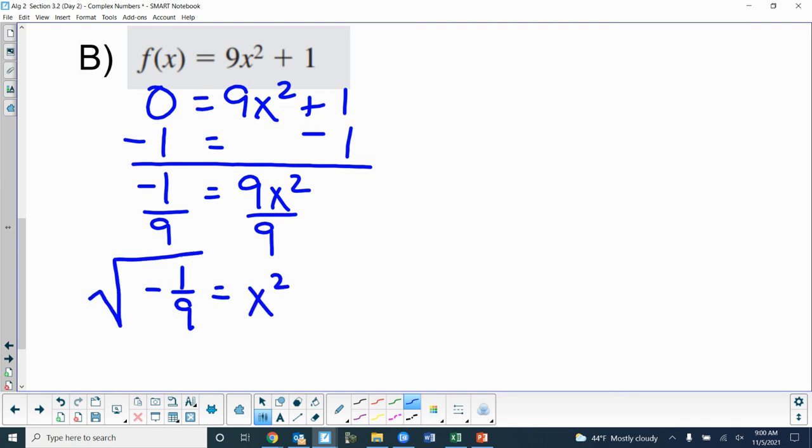Square root. Plus or minus what? Well, what is the square root of 1? Square root of 9? Yeah. So those are both perfect squares, so it worked out nice. We get 1/3 i. So you might run into a fraction also.